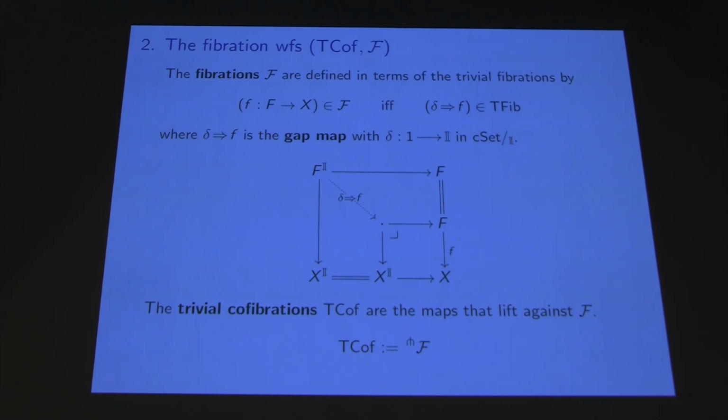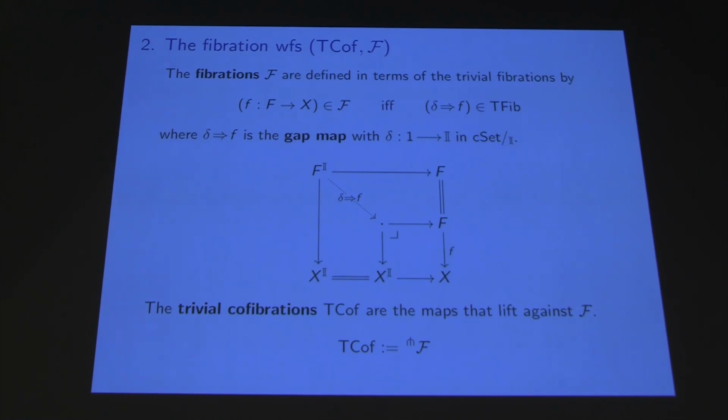The second one we get by throwing in the interval, and then we use this kind of Joyal-Tierney calculus with the right and left. Use a little notation here for it. The push-out product and the pullback hom are related by an adjunction, and that gives us the fibrations as those maps whose pullback hom with the interval are trivial fibrations.